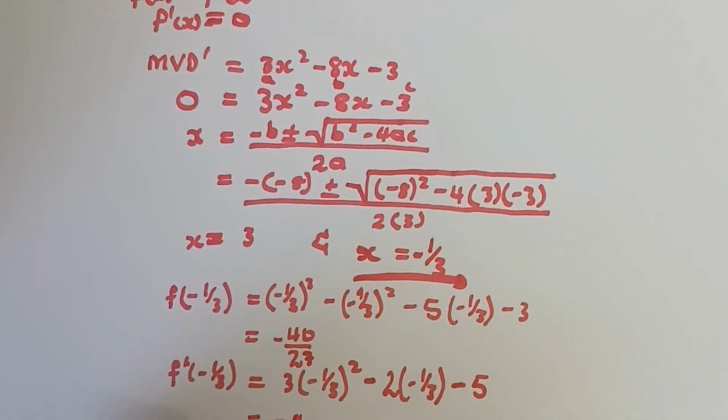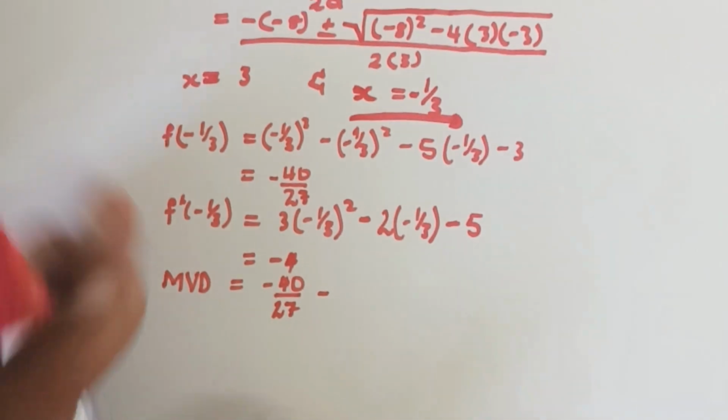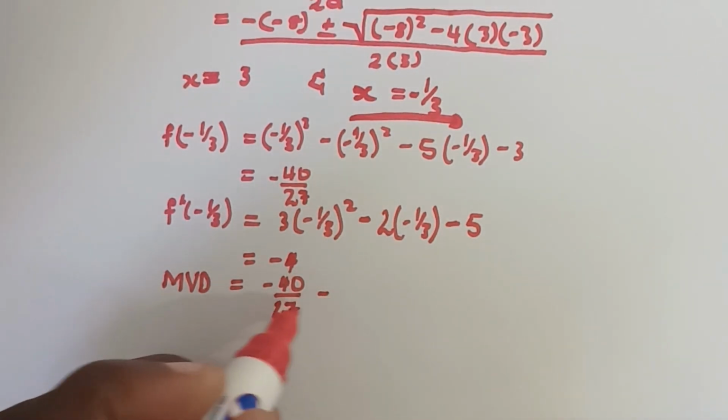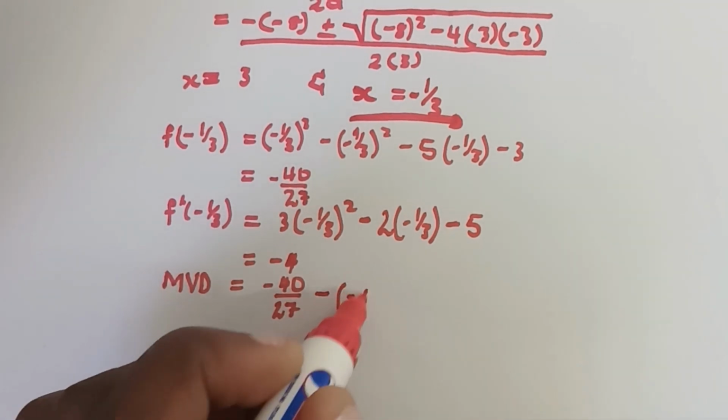And then our maximum vertical distance, MVD, is equal to negative 40 over 27 minus negative 4.